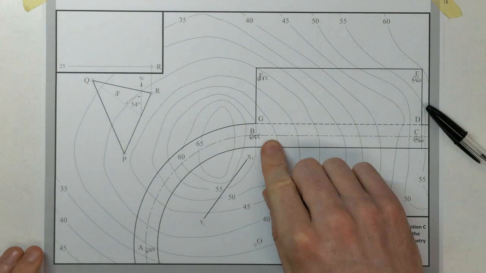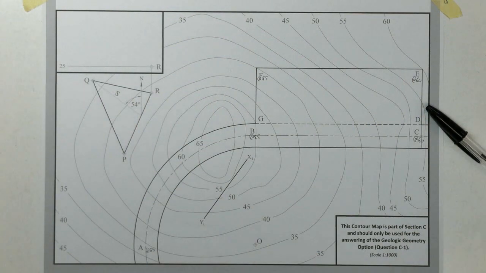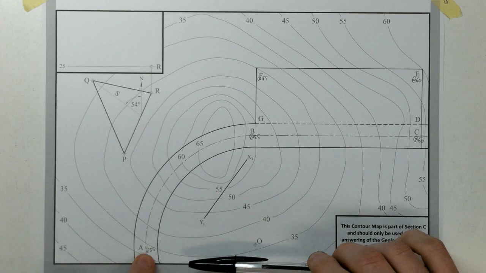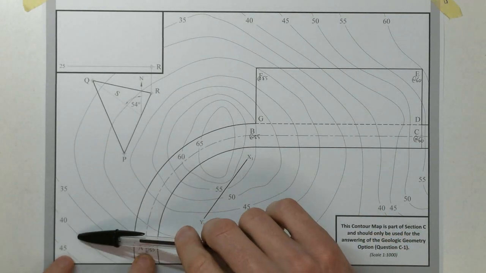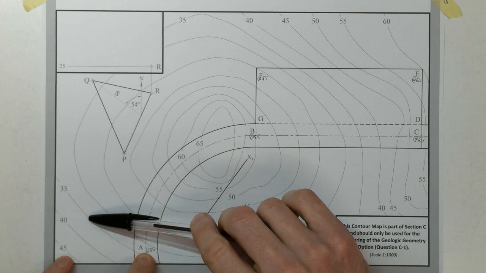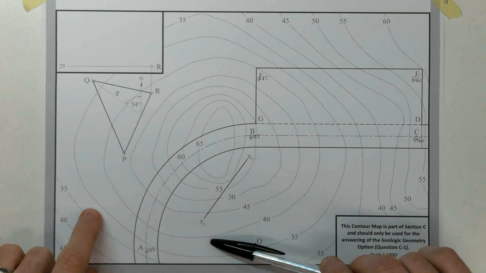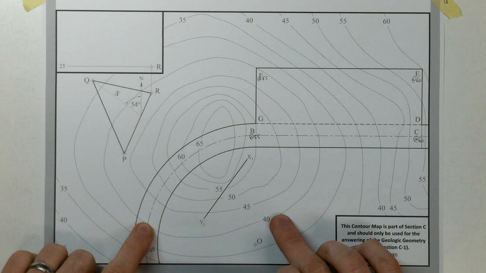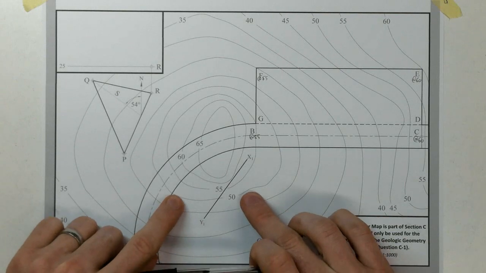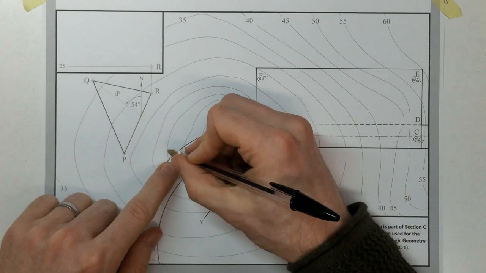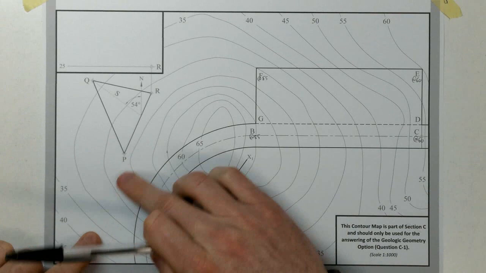From A around to B with our centre O, we're at 55 here, so 45, 40. As far as this contour here, we're going to be doing a fill.